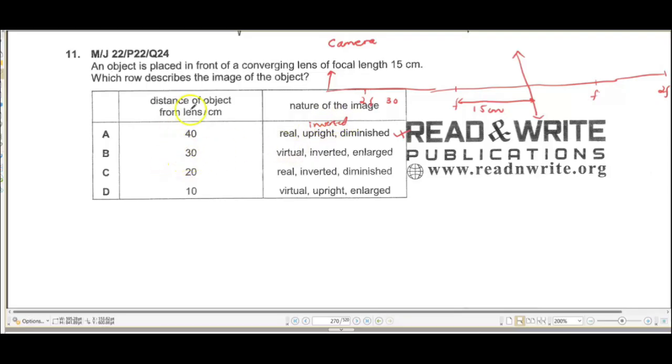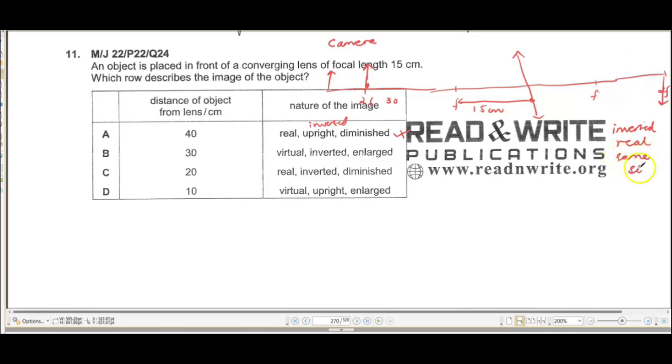If the distance of the object from the lens is 30 centimeters, that is, the object is placed at 2f, so the image is also going to be formed at 2f, and it is going to be inverted, real, and of the same size.